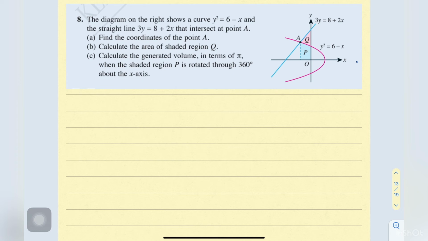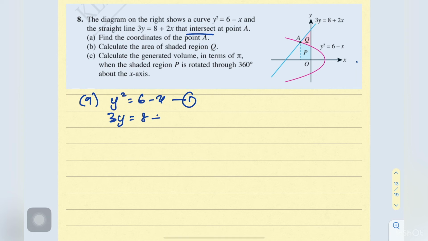Since A is the intersection point, we can solve these two equations simultaneously. Y squared equals 6 minus x, the first equation. Another one, 3y equals 8 plus 2x, so 2x equals 3y minus 8, x equals (3y minus 8) over 2.